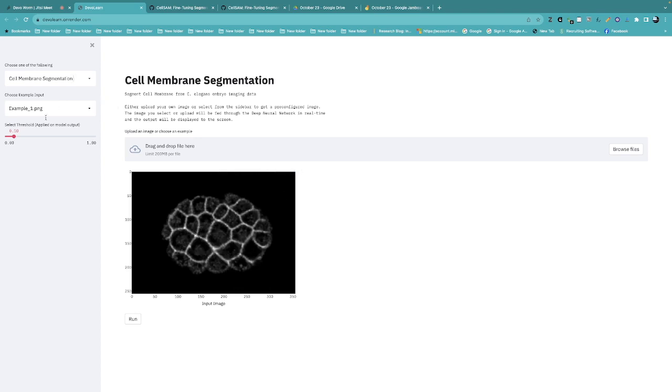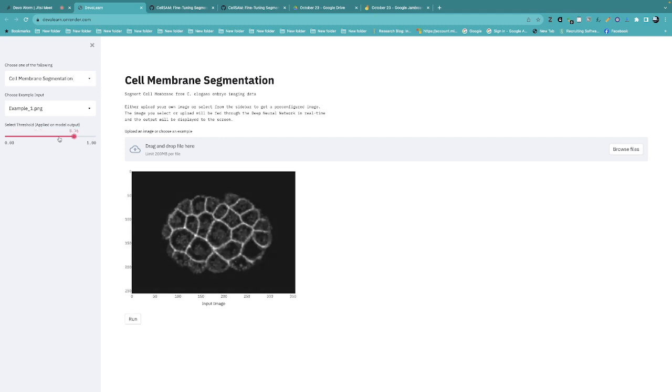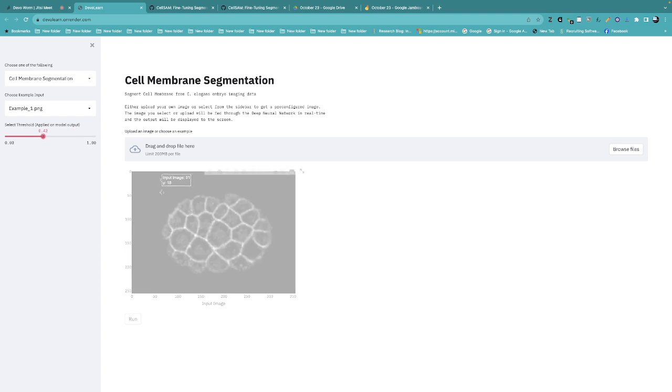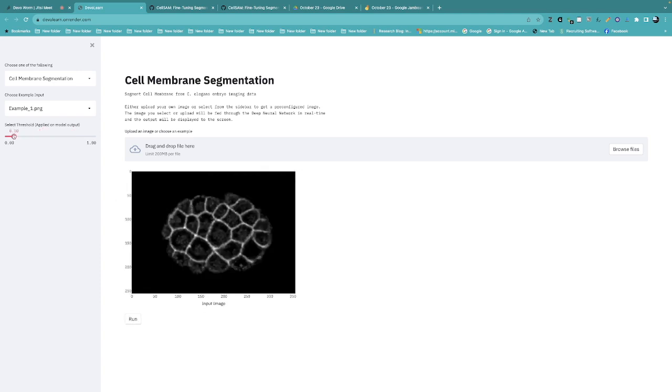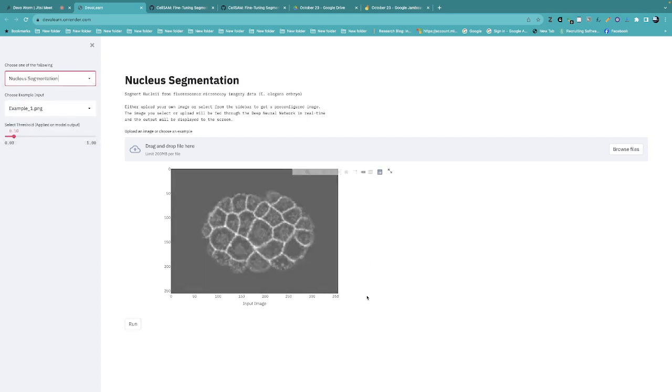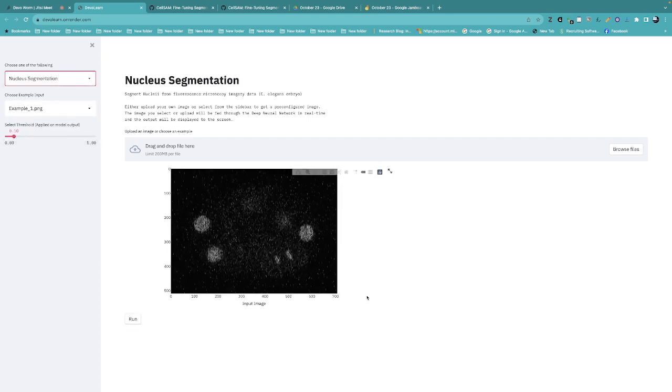This is nice. And then, of course, we can set the threshold, the different levels. It'll come up and give you a different segmentation. And then the nucleus segmentation, which is a different type of segmentation where you're segmenting out nuclei. You can see the signal is doing what I would think it would do. The images that we have aren't specifically stained for nuclei.